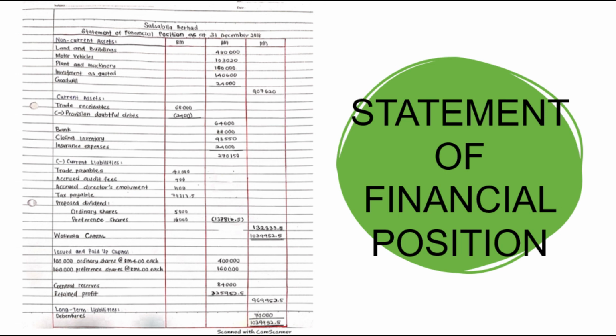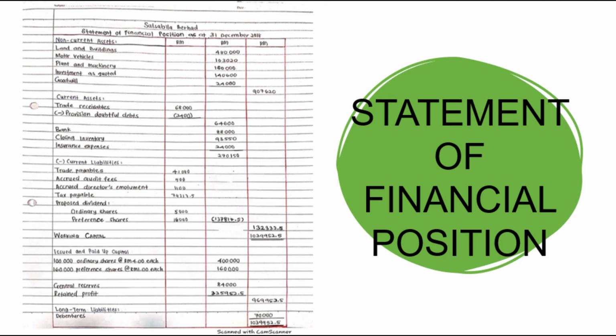Issued and paid up capital have ordinary share 400,000, preference share 160,000, just take from trial balance. Then general reserve 84,000 take from changes in equity. Retained profit 325,952.50.